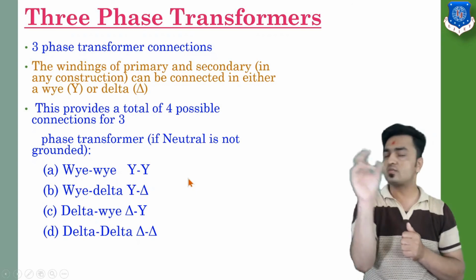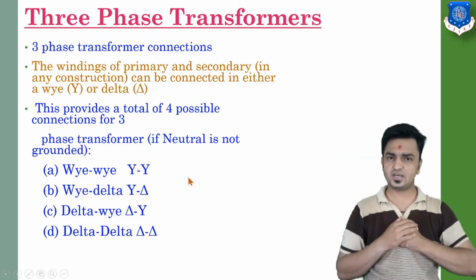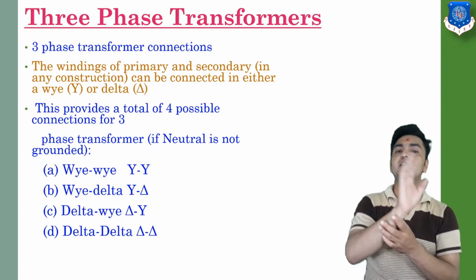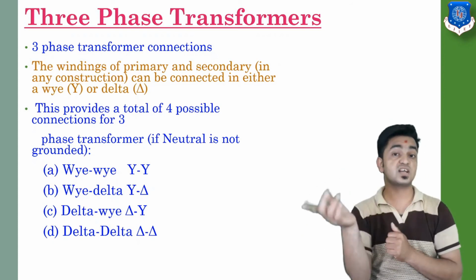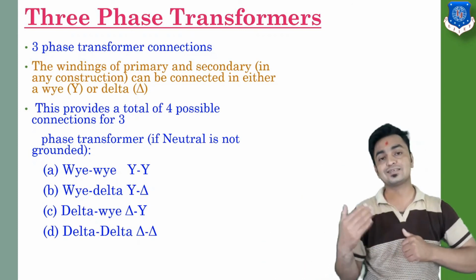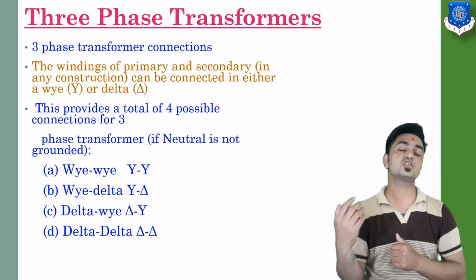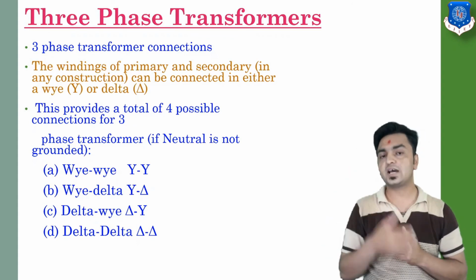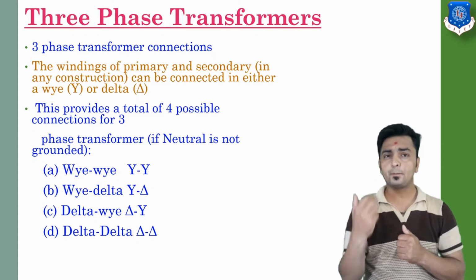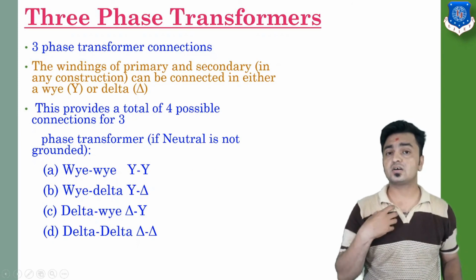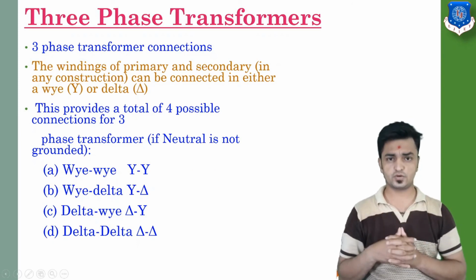So that will form star-star connection. In the same way, we can connect the primary in star connection and the secondary in delta connection. So that will form star-delta. In the same way, we can form delta to star, or lastly, we can form another type of connection, that is delta to delta. So these are the various types of three-phase transformer based on their connection. So this was the construction of three-phase transformer.